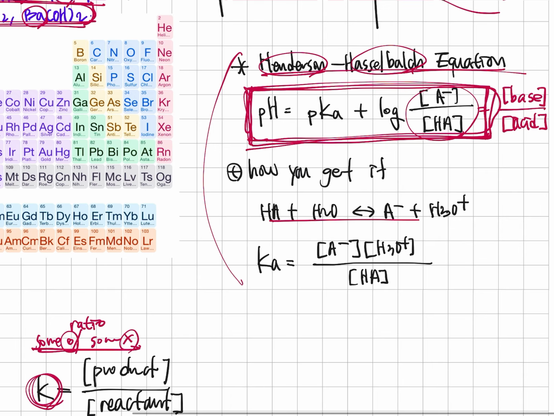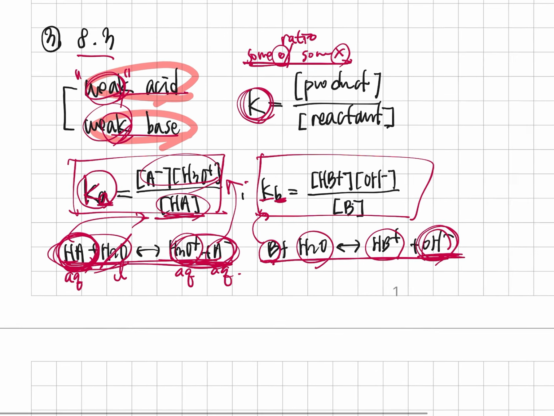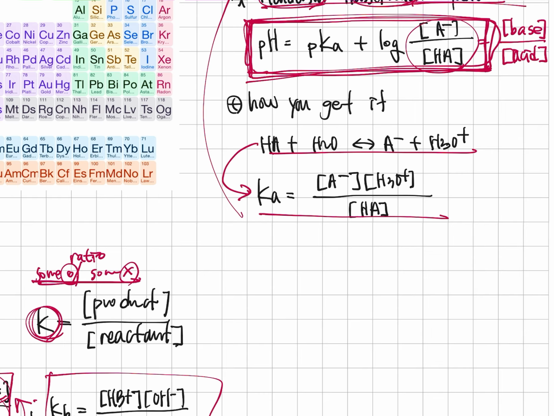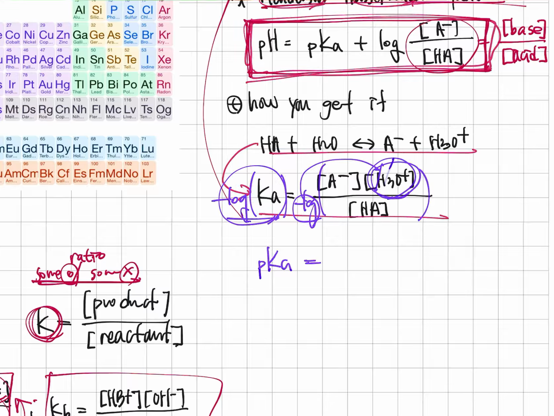Say you have this kind of equation, and from this you've made Ka, which we've looked at over here. From this Ka value, you add a negative log to each side. Then negative log Ka is equal to pKa, and negative log H3O plus is going to equal pH.